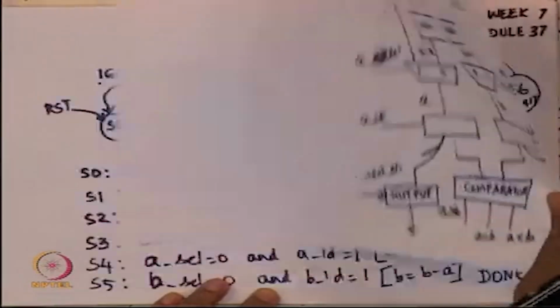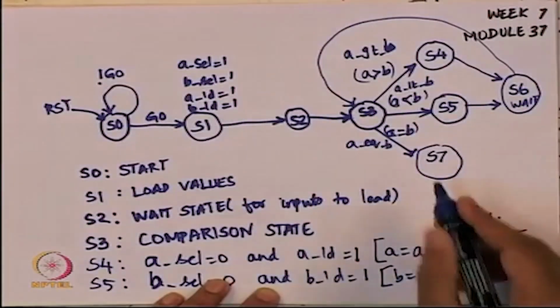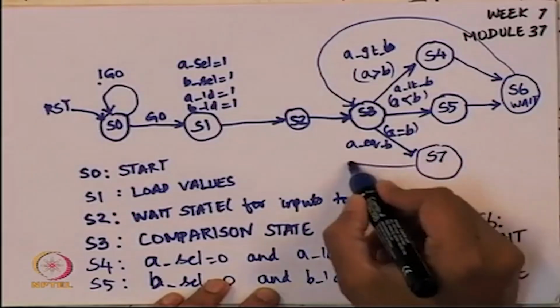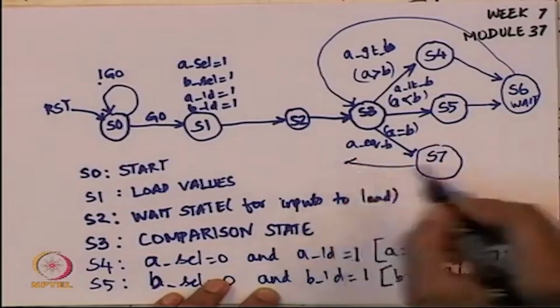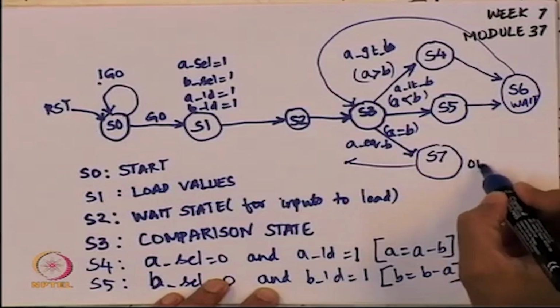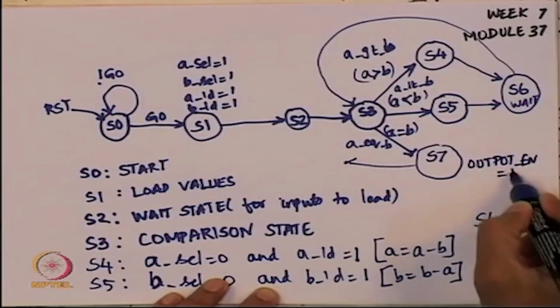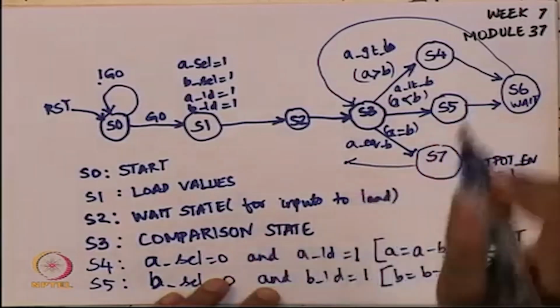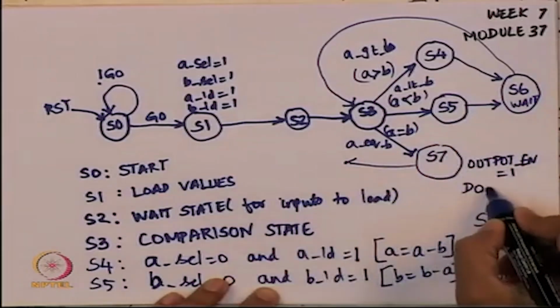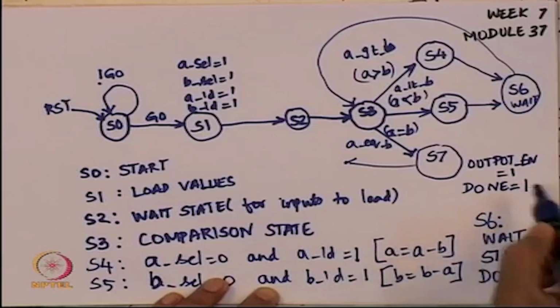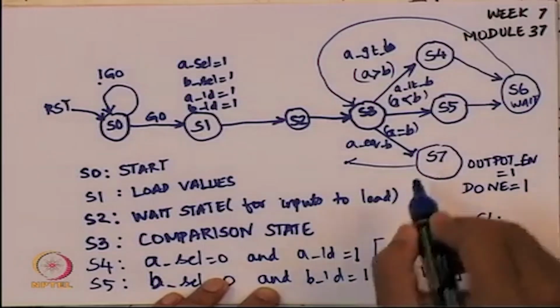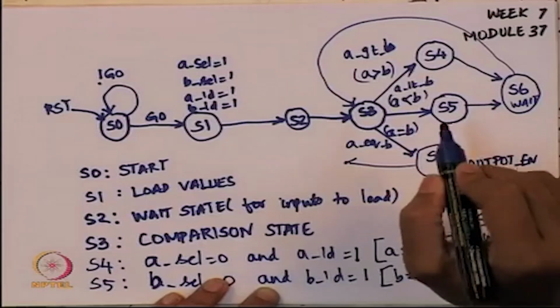So, in S7 we turn on output enable, making it equal to 1, so that the output gets copied. We will also give the done signal equal to 1, because this is the state which tells us that the while loop has ended.